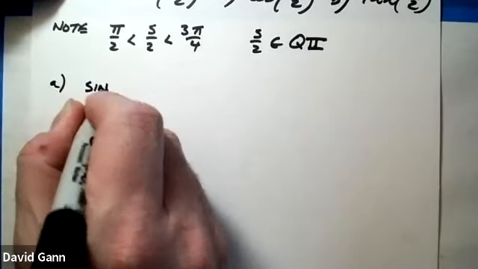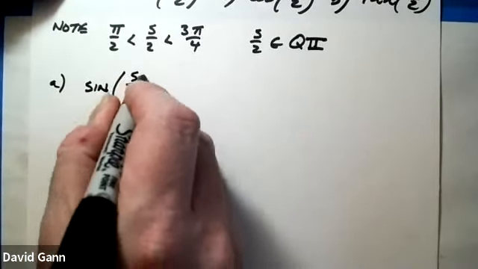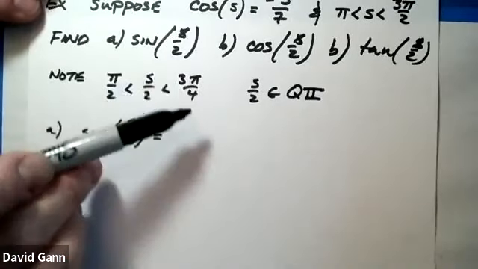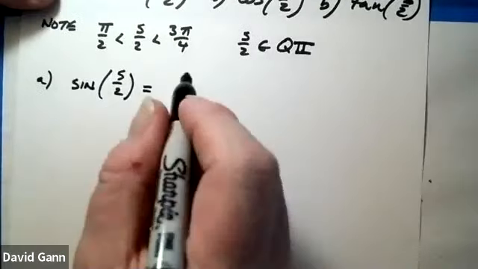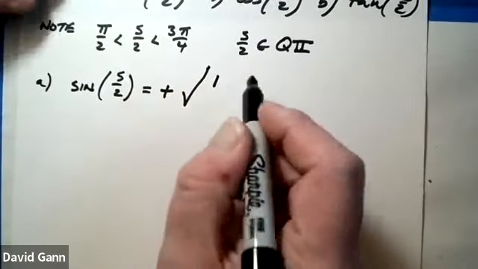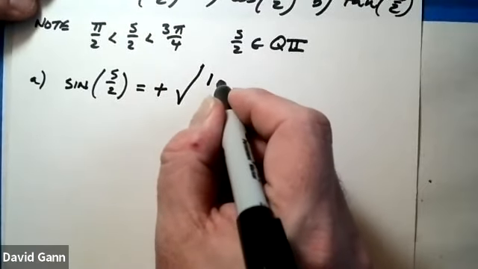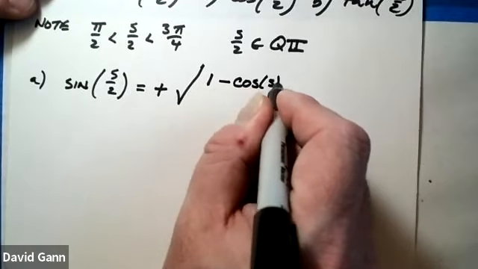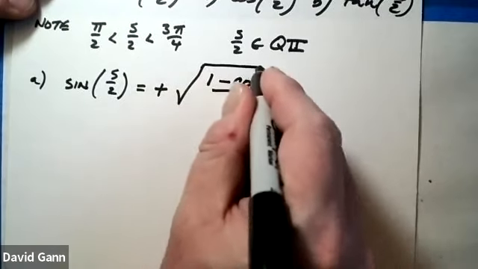So first, we've got sine of S over 2 is equal to, now remember, we said plus, so I don't even need the minus here. It's going to be the positive square root of 1 minus cosine of S all over 2, everything under a radical.